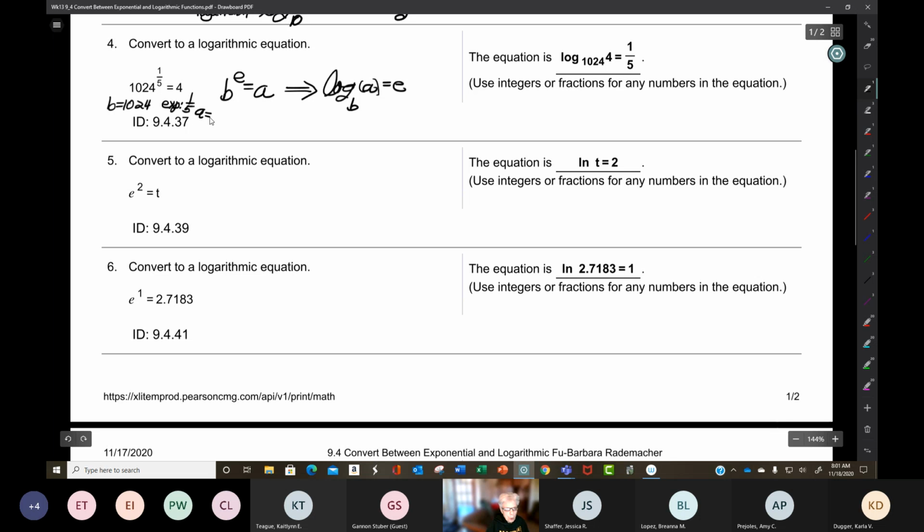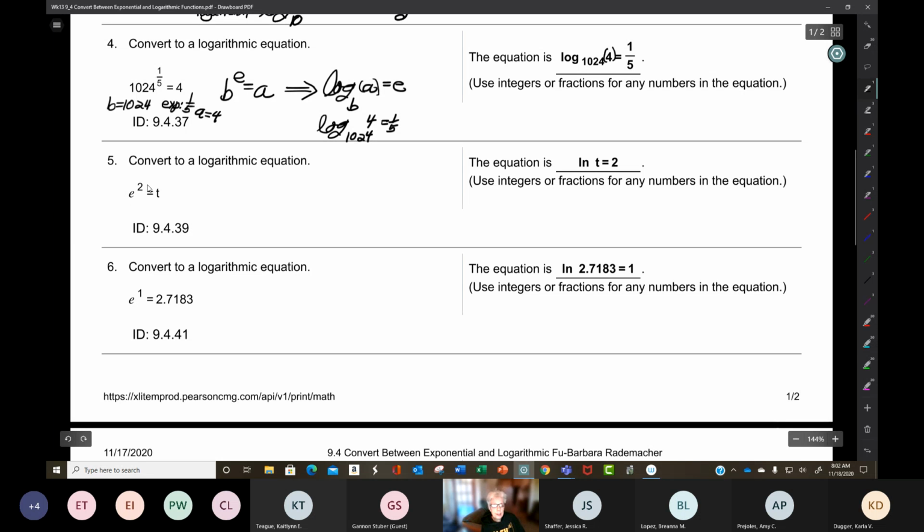And the argument is 4. So now I just fill it in. Log base 1024 of 4 equals 1/5. And there it is right there. That 1024 needs to be smaller and lower. I'm sure it's a matter of printing, but it needs to be smaller and lower.